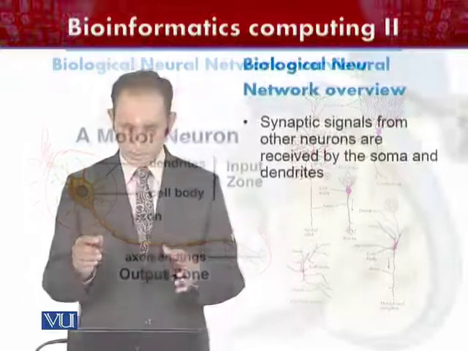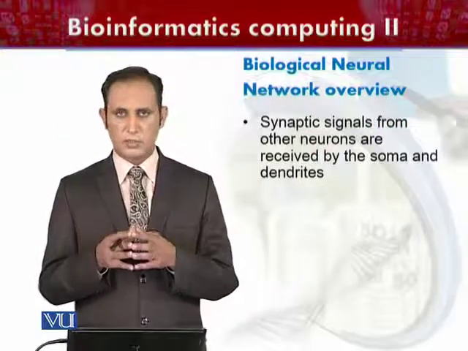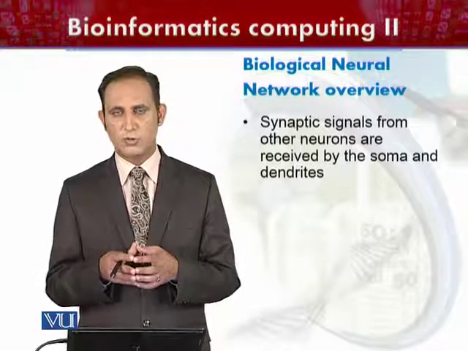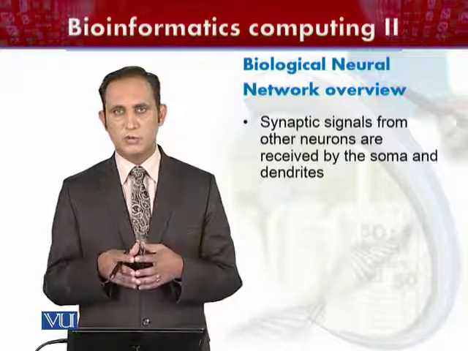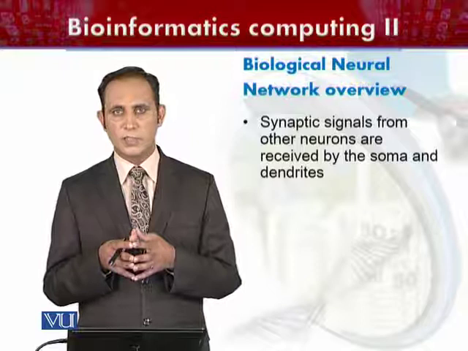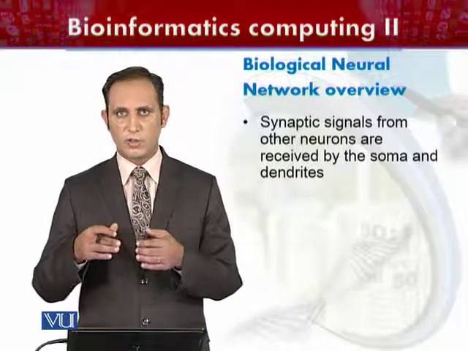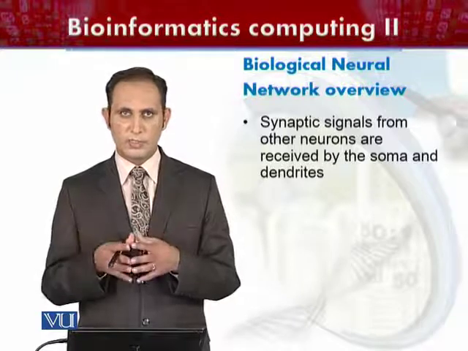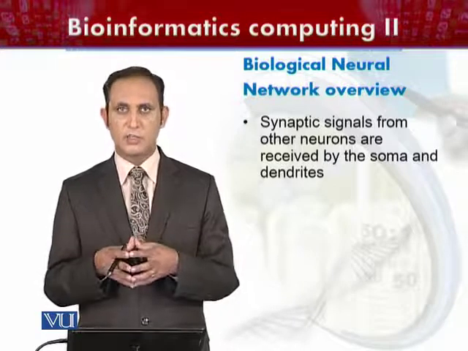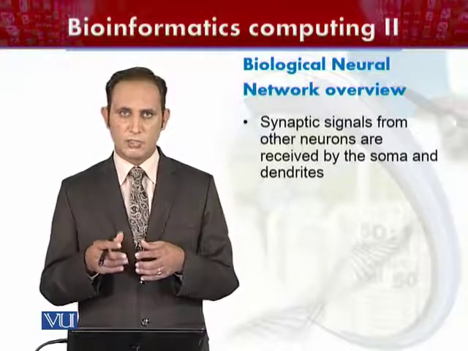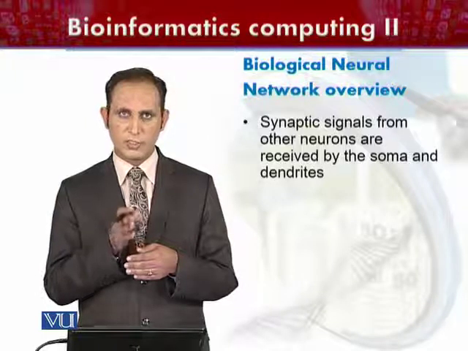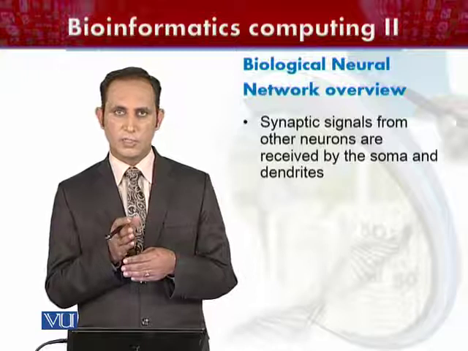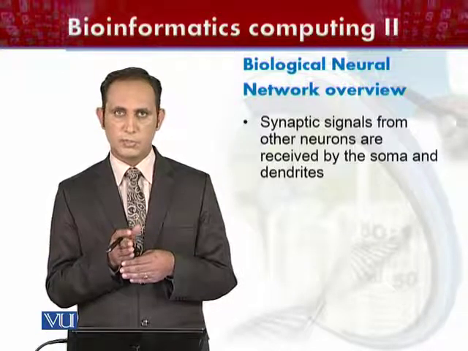So it means that each neuron is receiving synaptic signals from many different neurons in the system. Synaptic signals are not just in the form of a current. Whenever the signal is inside the neuron, it is in the form of a current, but when it reaches the synapse, it transforms into a chemical signal, called a neurotransmitter.